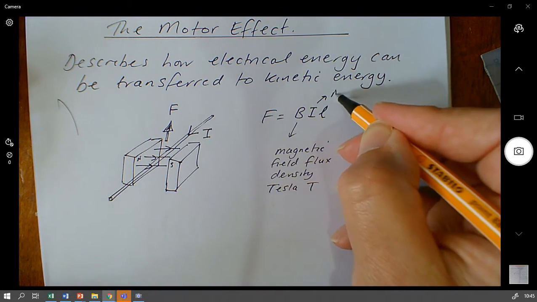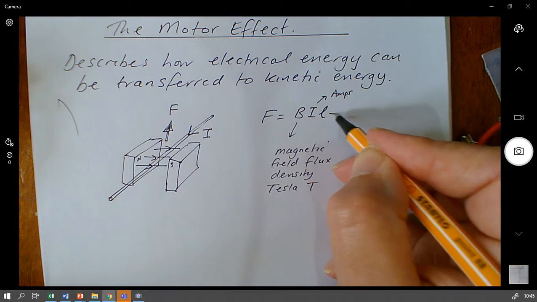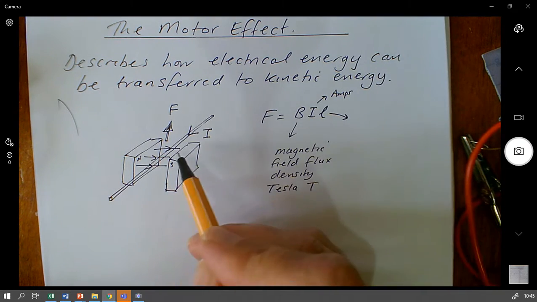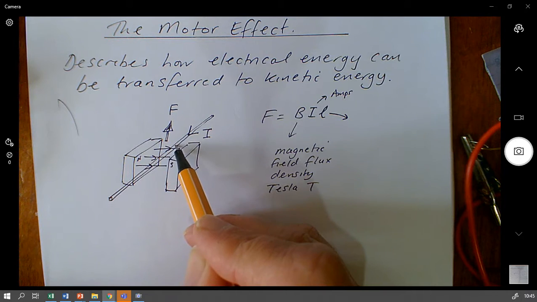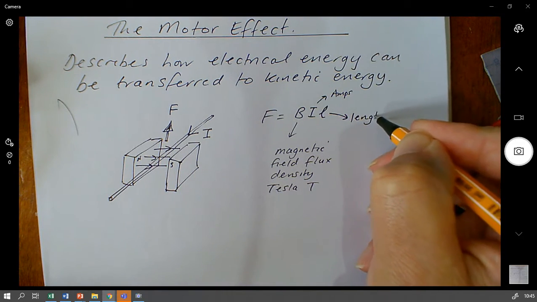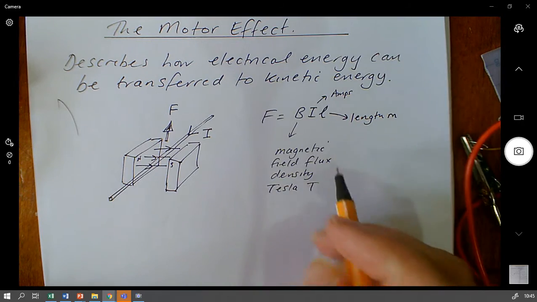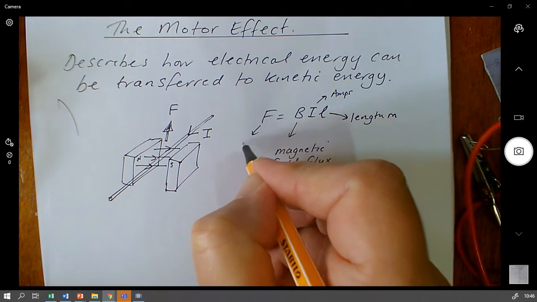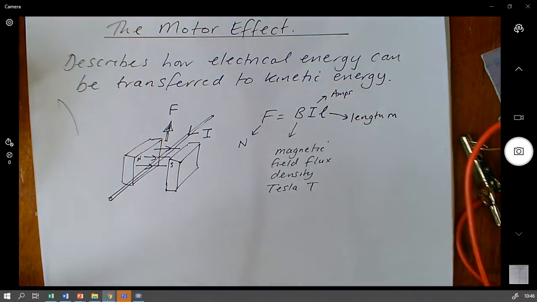I is the current, measured in amps, and l is the length of the conductor that is in the field, in meters. And F is a force measured in newtons.